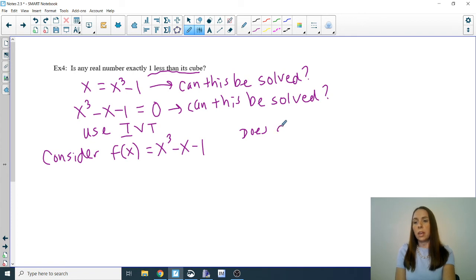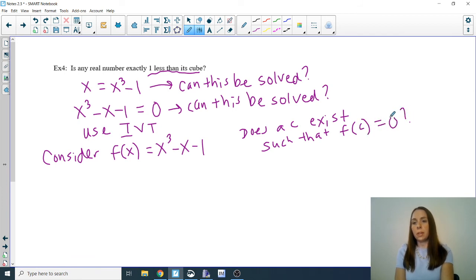Does a c exist such that f of c equals 0? Okay, so we just reworded the question one more time, and if we can answer that question, we can answer our initial question. It's asking the same thing.